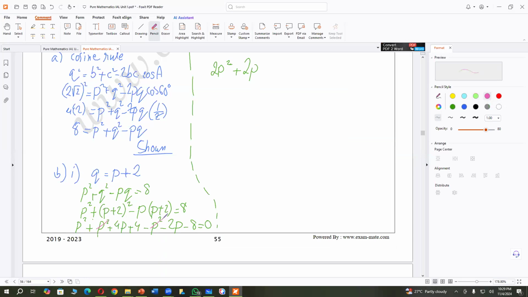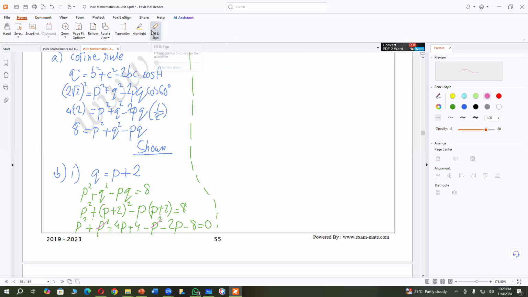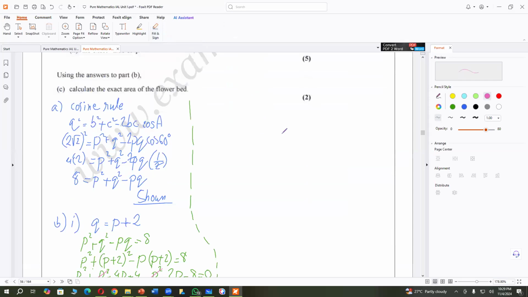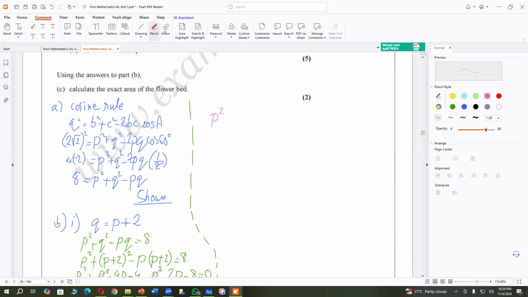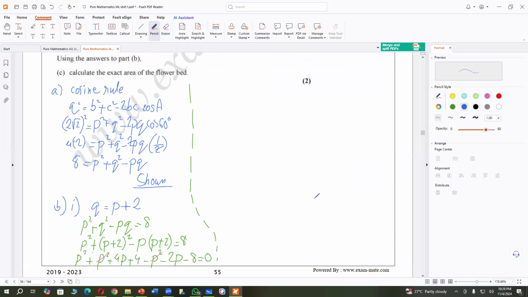You got the equation. I got P squared plus 2P minus 4, and the solutions are minus 1 plus minus root 5. Then it means 1P square will cancel out. Okay, 1P square cancelled out.